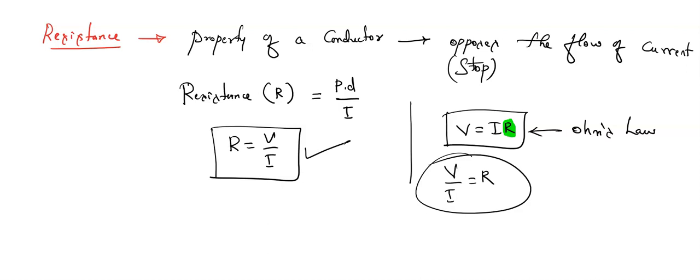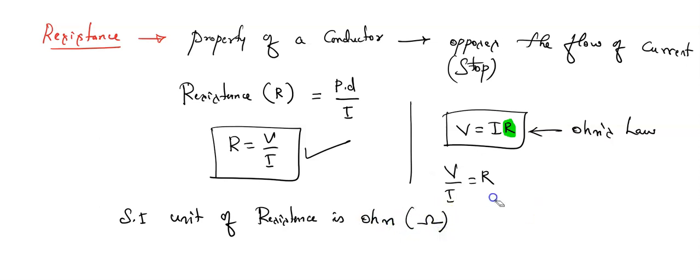Children, here remember one more important thing. The SI unit of resistance is ohm. This is the symbol of ohm. What is the SI unit of resistance? The SI unit of resistance is ohm. Should not forget this.